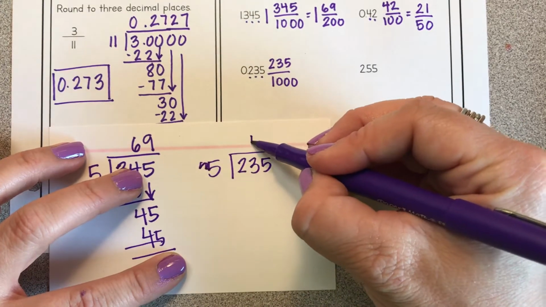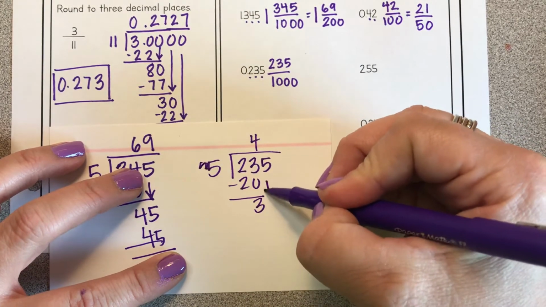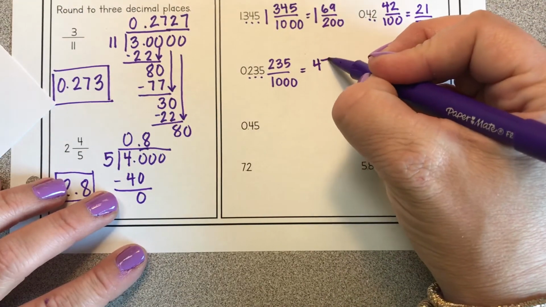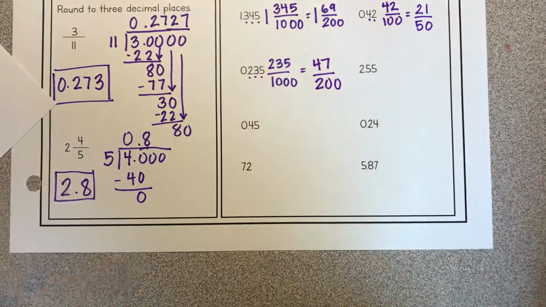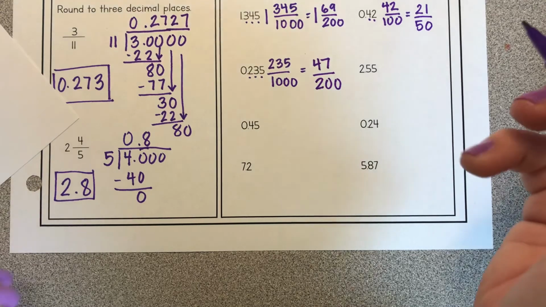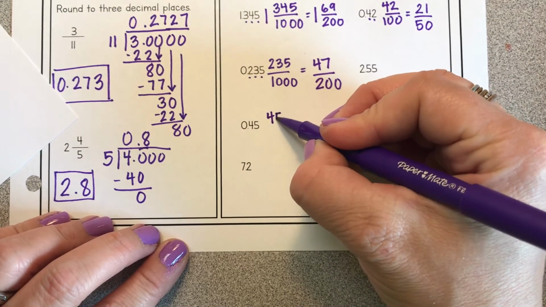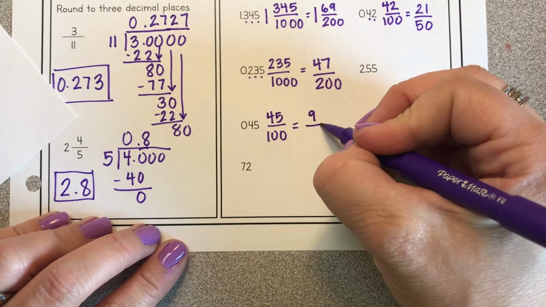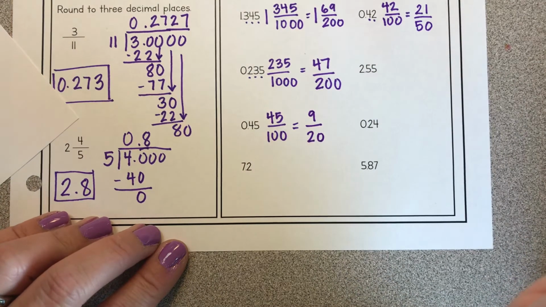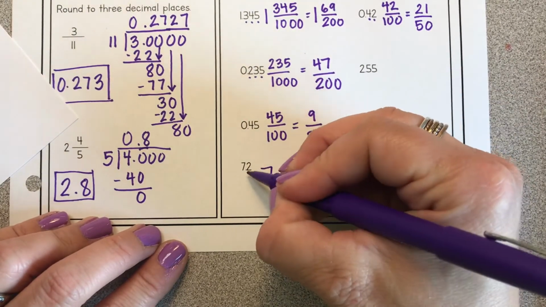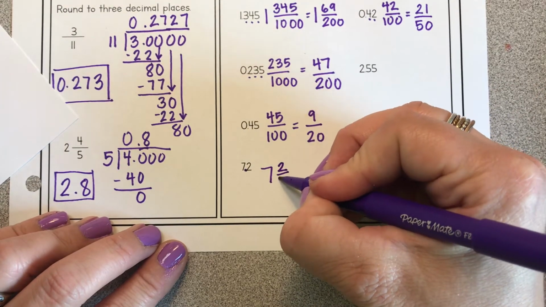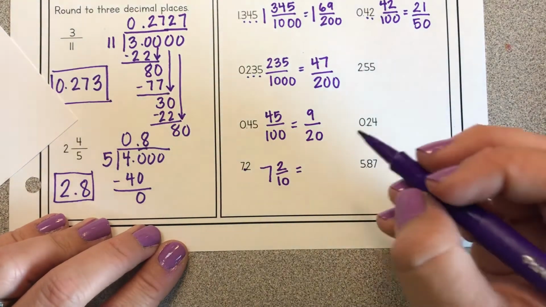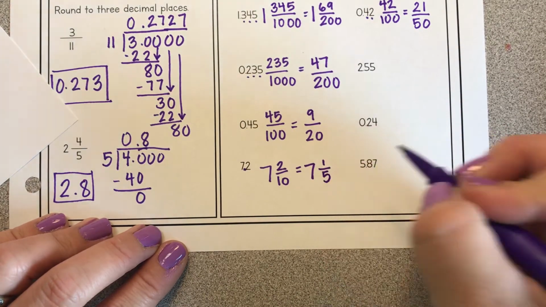Well, 5 goes into 23 4 times, and then 5 goes into 35 7 times. So that simplifies to 47 over 200. So 0.45, that's 45 in the hundredths place. 5 goes into 45 9 times and into 100 20 times. And then this bottom one, it's kind of hard to see, 7.2. So a 2 in the tenths place. And so 2 and 10 are both divisible by 2. And so we can simplify that to 7 and 1/5.